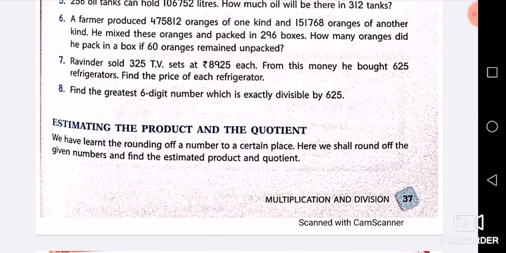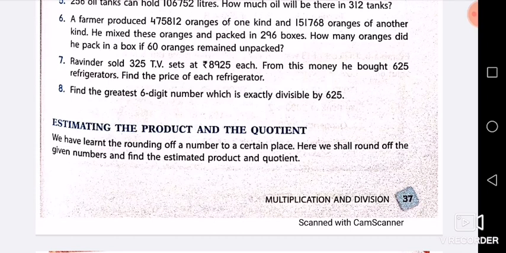From this money he bought 625 refrigerators. Find the price of each refrigerator. Now you can see in this question 325 TV sets have been sold with rupees 8,925 cost of each.